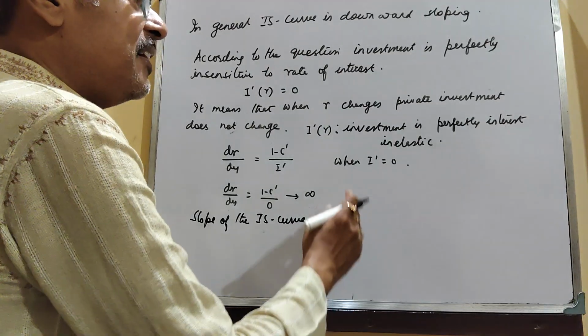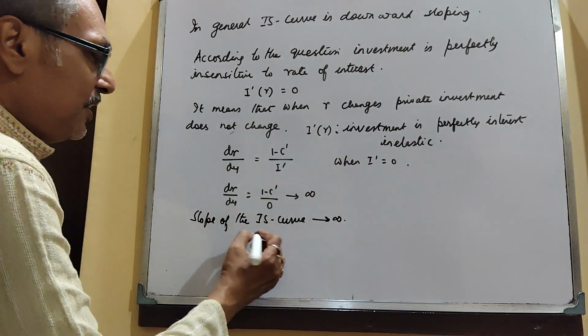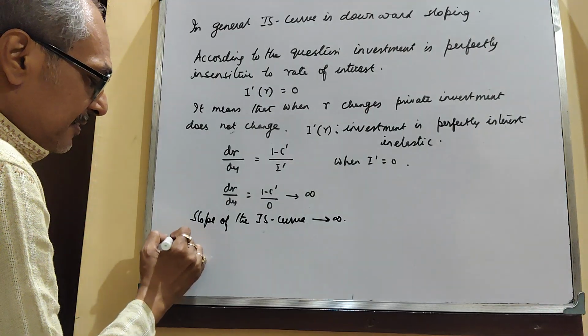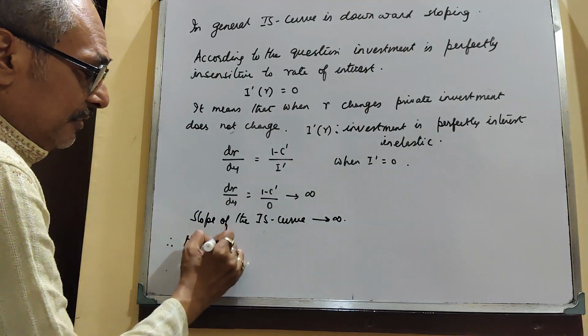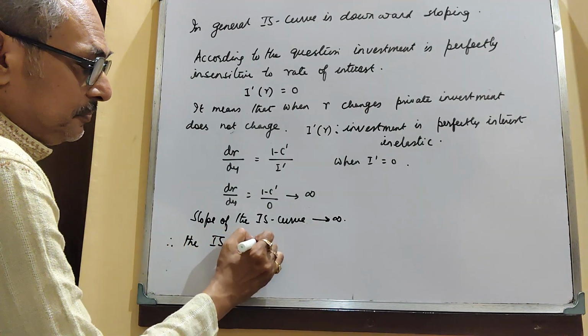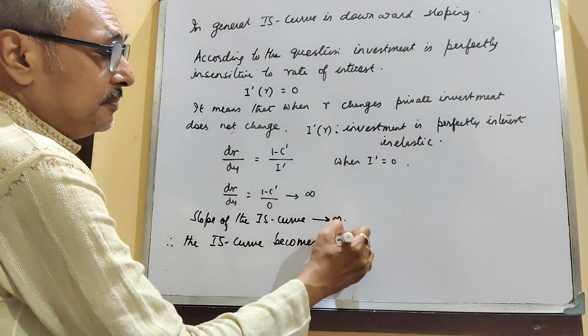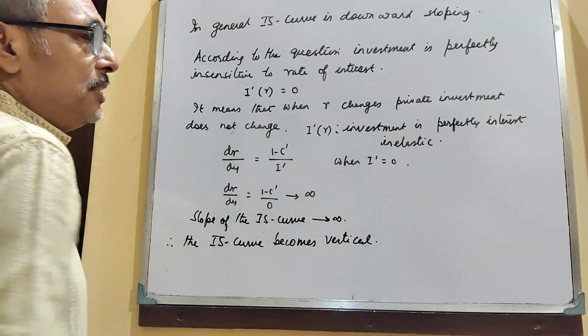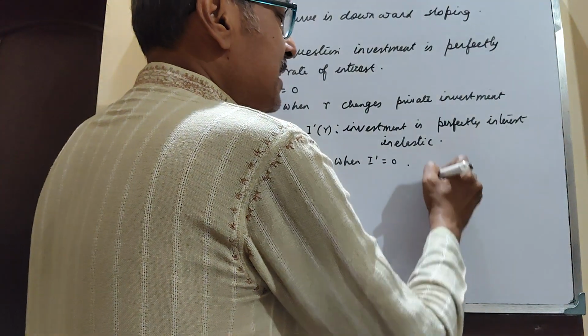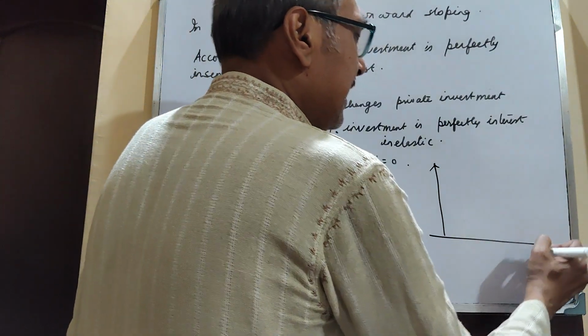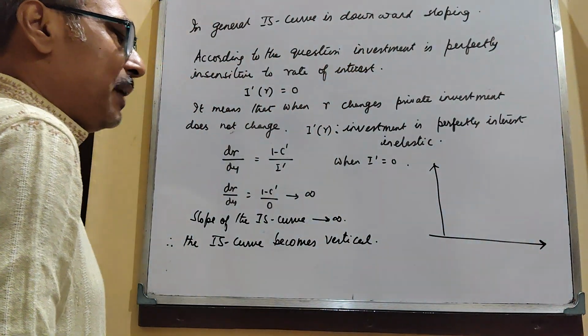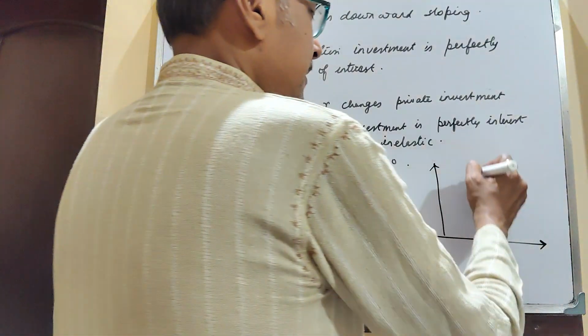That means the curve becomes vertical. Hence, the IS curve becomes vertical. That means when investment is perfectly inelastic, the IS curve becomes vertical.